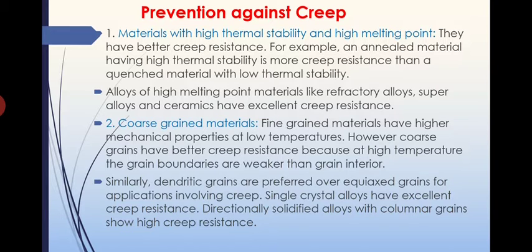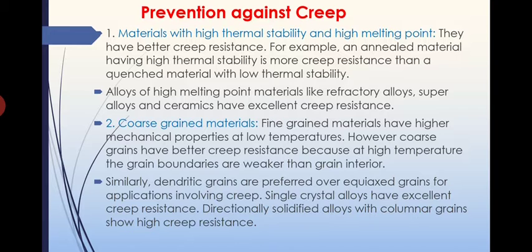Now coming to the next topic, that is prevention against creep. So all these points discussed here are contributing to the prevention of creep. First, material with high thermal stability and high melting point. Of course, we have seen creep is directly depending on the melting point.